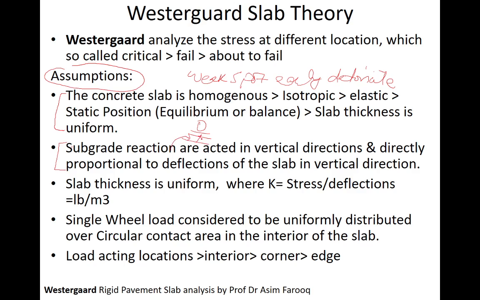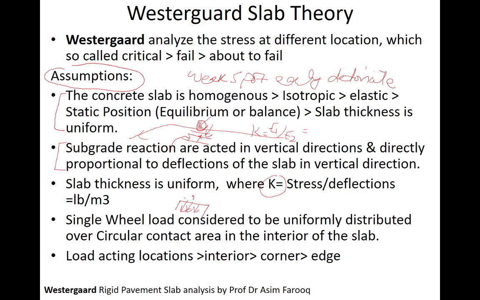If you followed my previous lecture, when we determine the bedding modulus, which is equal to K, in the Westergaard slab theory the bedding modulus is equal to the stress over the deflection. The third assumption is that the slab thickness is uniform, while the fourth is that a single wheel load is considered, which is uniformly distributed over a circular area in the interior of the slab.